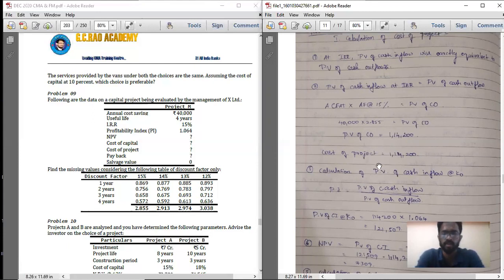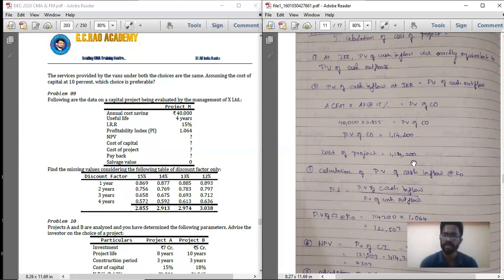We are assuming that the entire cost outflow for the particular project is expended on the first day, that is today itself. So we are assuming present value of cash outflow is the cost of the project. So cost of the project is equal to 1,14,200. Simple.